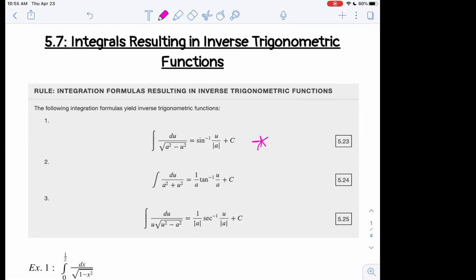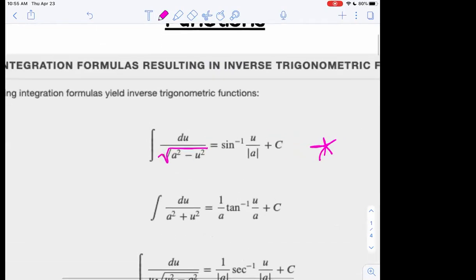Okay, so key things to look for in the inverse sine, it has the square root. And on the bottom, it has a squared minus u squared. And just to clarify, a is going to be a constant or a number. So that means a squared is also going to be a number.